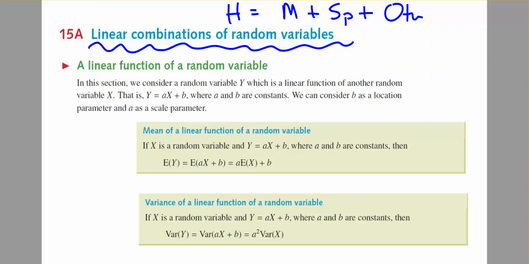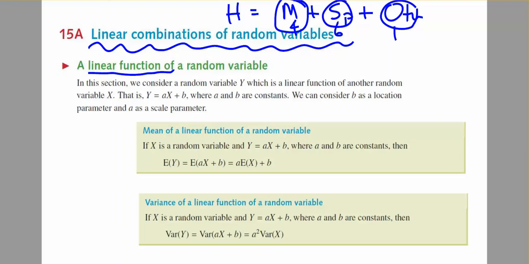I might do 4 hours of methods, 6 hours of specialist, and 1 hour from every other subject, which gives me a total of 11 hours. We're considering each of them having a separate distribution, but then adding them together to give a new combination. So it's called a linear function, where we are adding the three separate variables together.